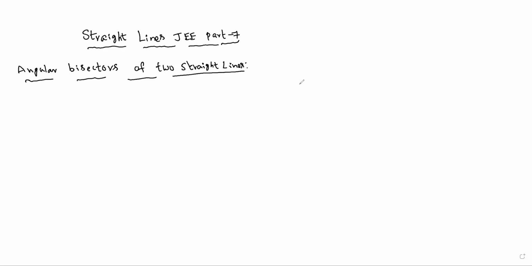Now, if we take two straight lines, one and another one. These two are the two straight lines intersecting at a point.